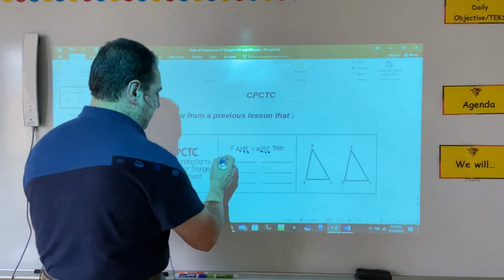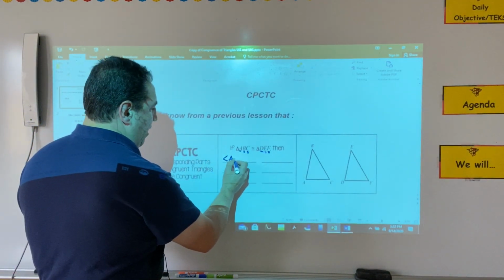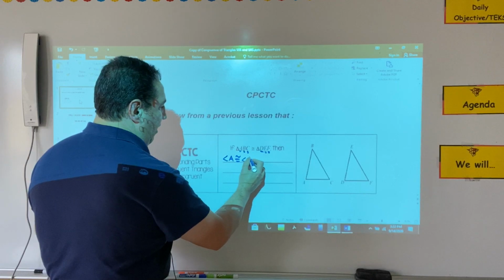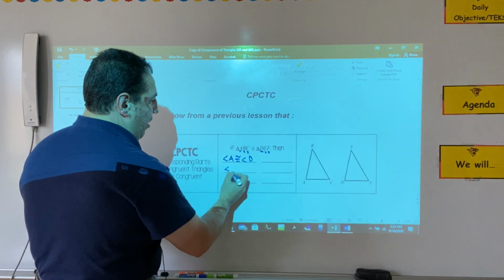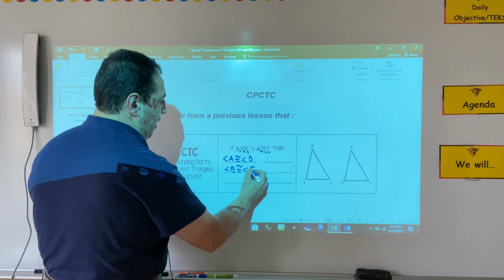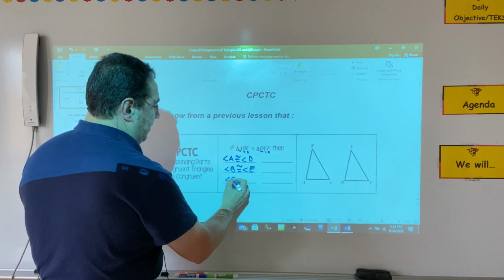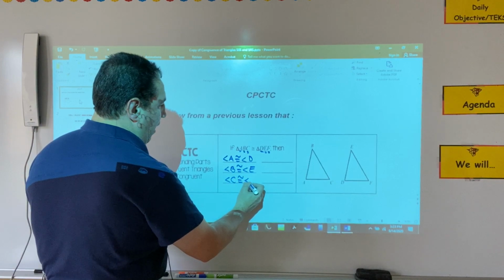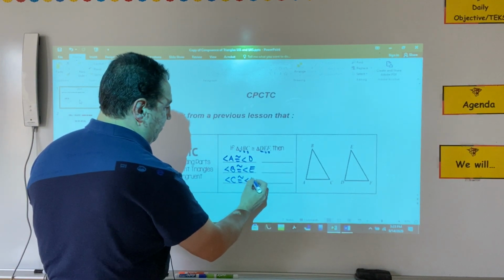We can say angle A is congruent to angle D, angle B is congruent to angle E, and angle C is congruent to angle F.